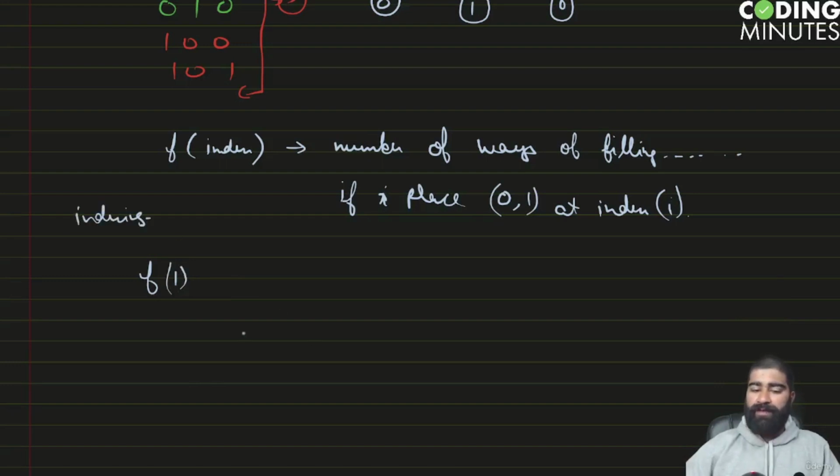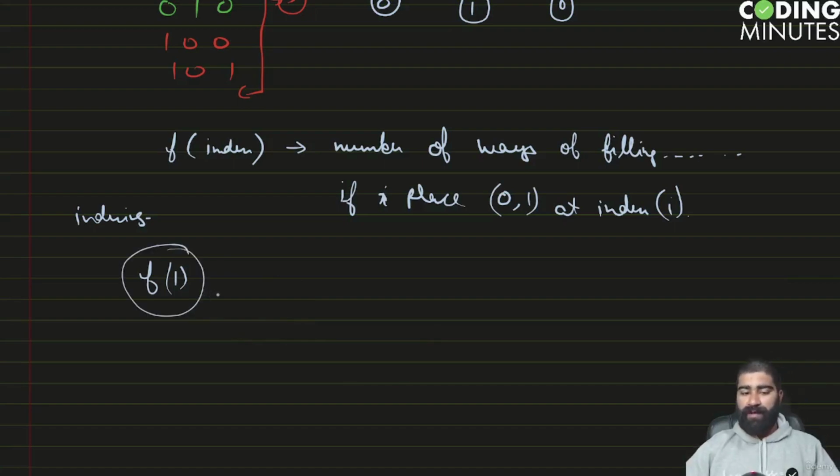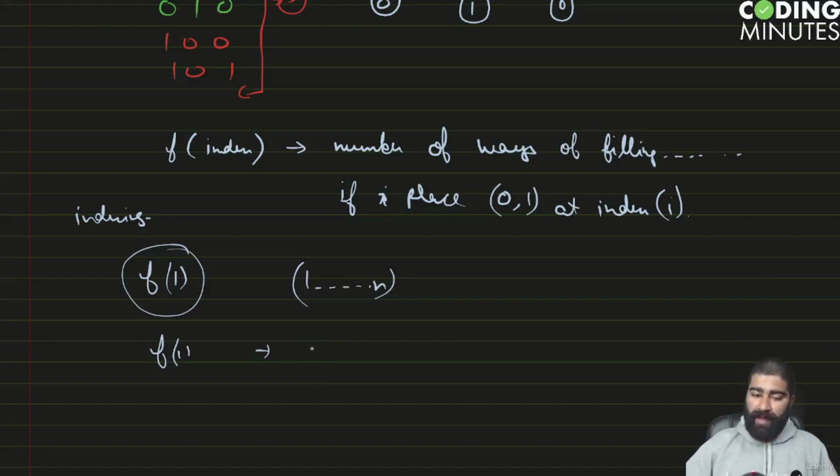So if I have an array starting from 1, f of 1 equals the complete answer, because f of 1 will tell what the answer is if I place either 0 or 1 from 1 to n. Similarly, f of I means the number of ways to fill the array if I place 0 or 1 on index I, and the answer from I to index n.